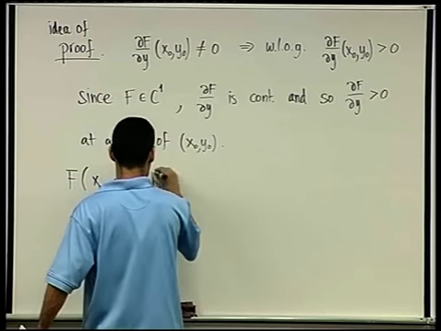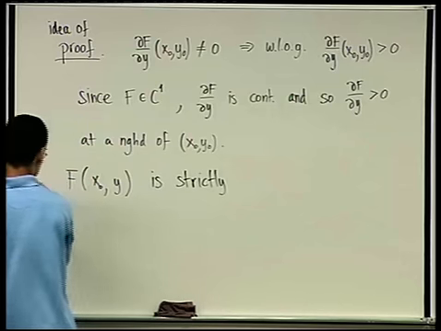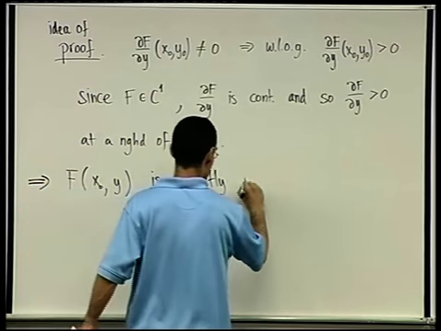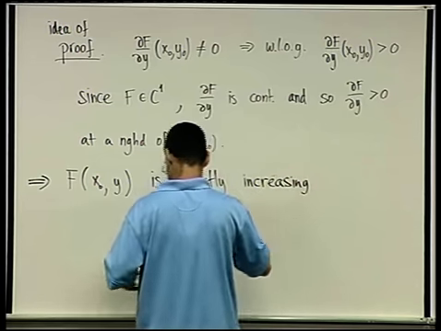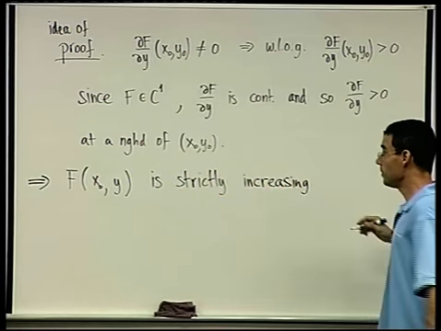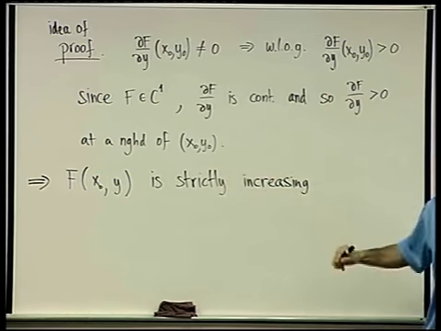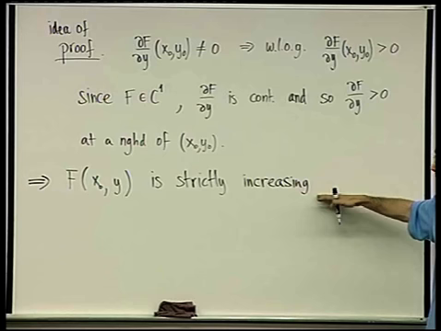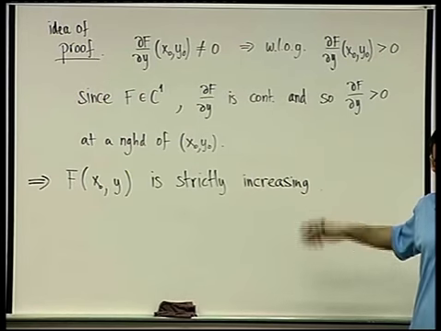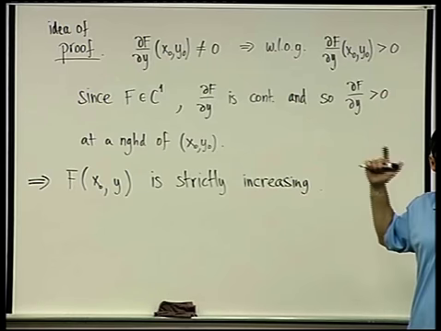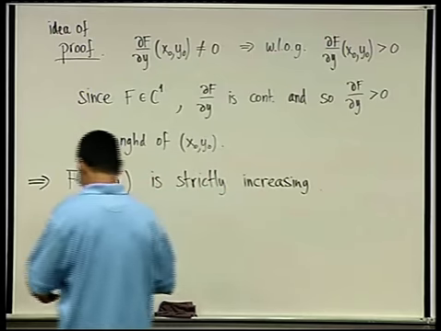f of x0, y is strictly increasing in this neighborhood, when you're near y0. Clear? Okay, do you see the resemblance to the sort of arguments that showed up in that example that we did with the y to the power 5? We argue that the function is increasing.